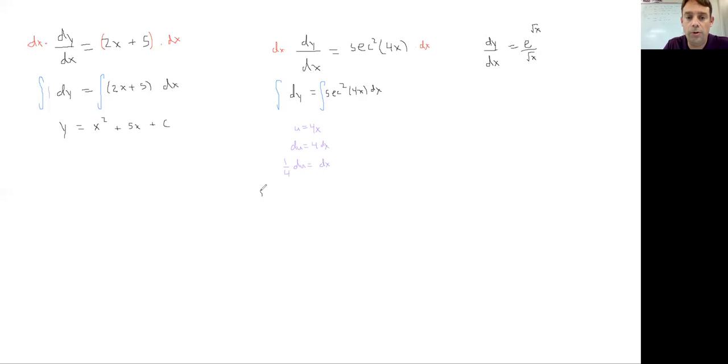So real quick little substitution here. So we got dy equals secant squared of u times 1/4 du. And we will bring that 1/4 to the outside.